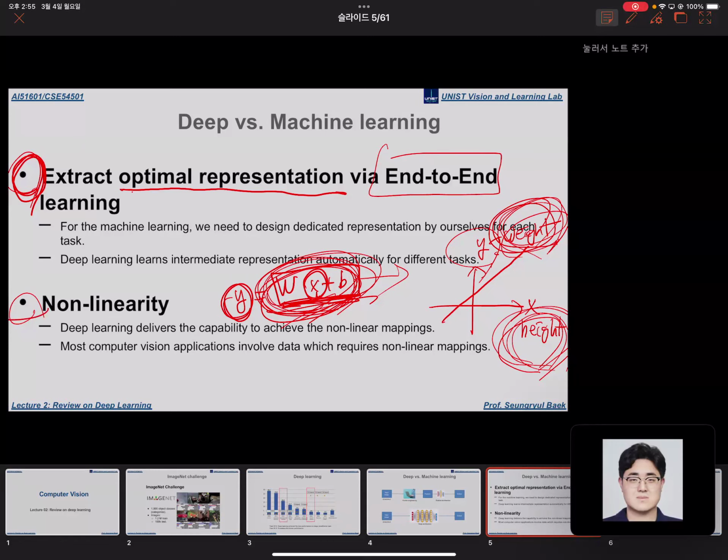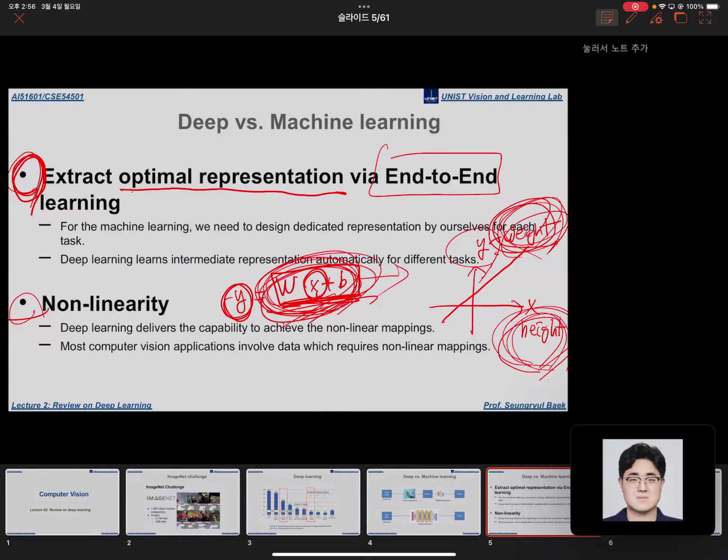Also, most real world data and real world problems are nonlinear. They require nonlinear mapping, right? There are not many problems that require only linear mapping, okay? Because of that, deep learning can represent the nonlinear relationship better than shallow learning methods.